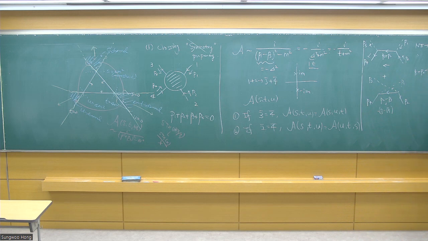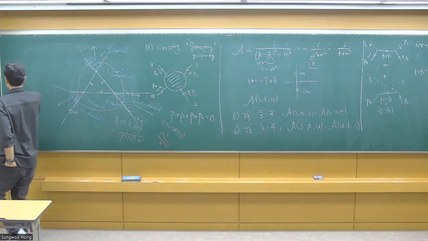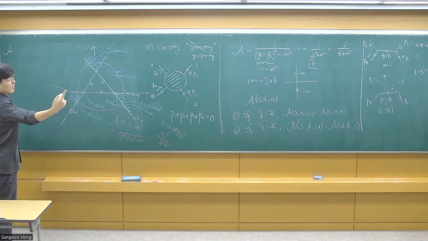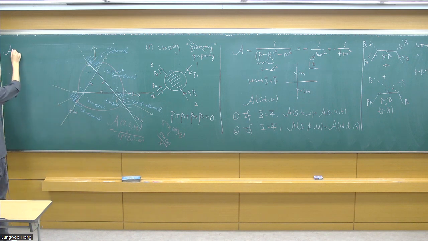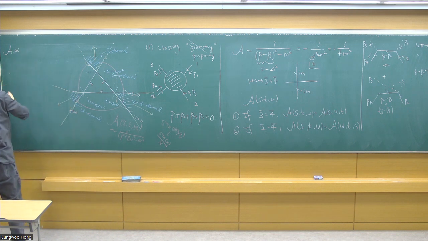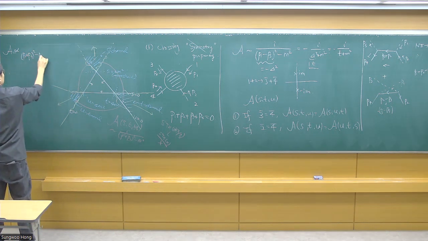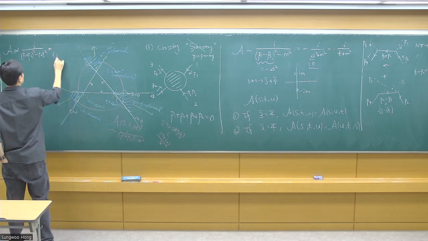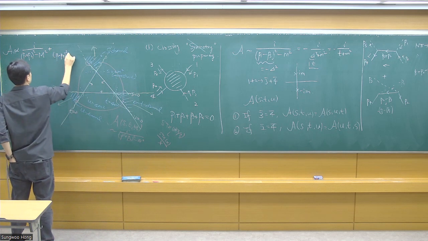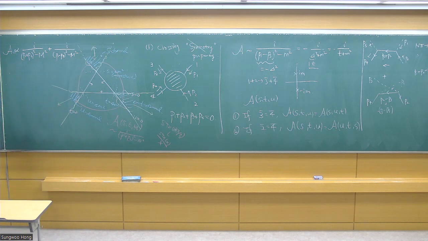Okay? Good. Now you know how to compute this amplitude, which we already did. So the amplitude in that n pi channel is equal to, up to a proportionality factor, 1 over (P1 plus P2) squared minus M squared, where M is the nuclear mass, plus the second diagram, which is 1 over (P1 minus P4) squared minus M squared.